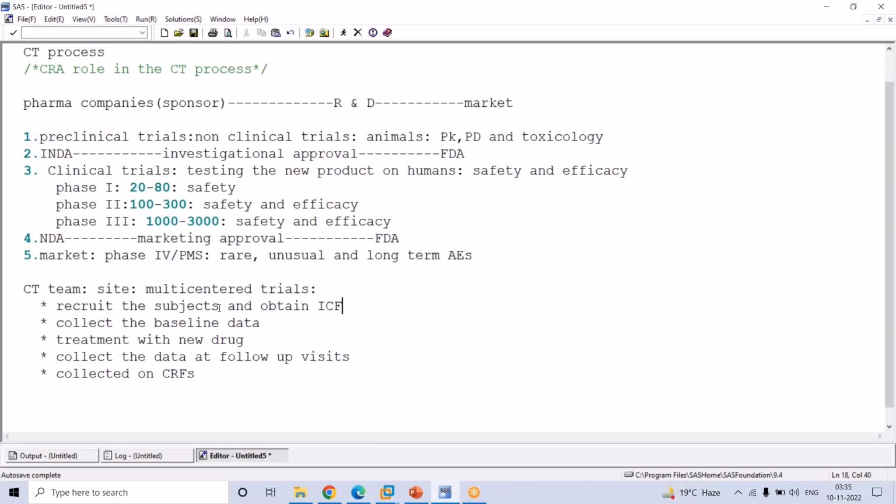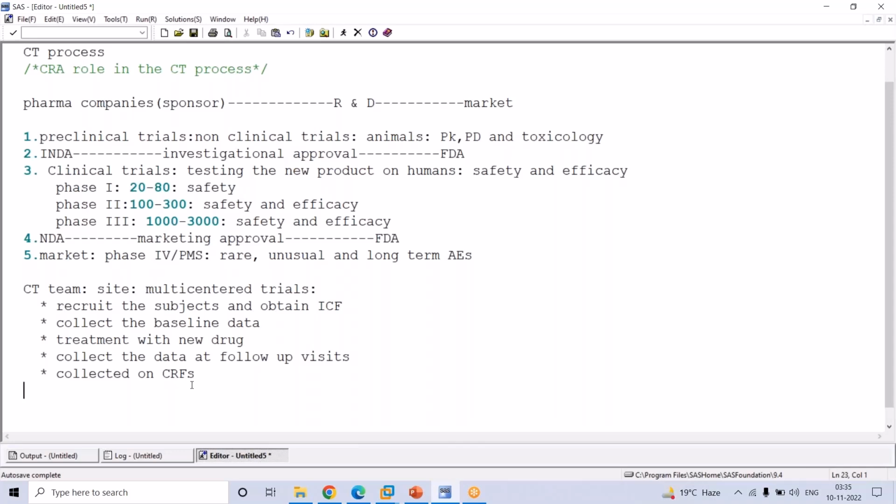Then they will decide whether or not to participate. If they are willing to participate, they sign the informed consent form and provide it to site people. Before we start the treatment, we should get the consent from the subject through this form. So this is what exactly the clinical trial team does.